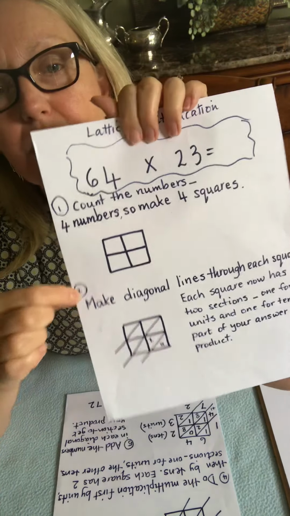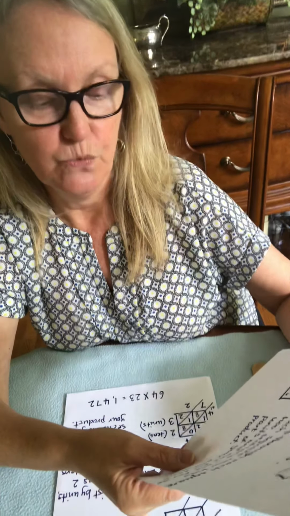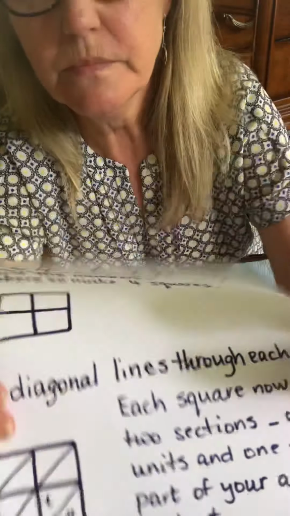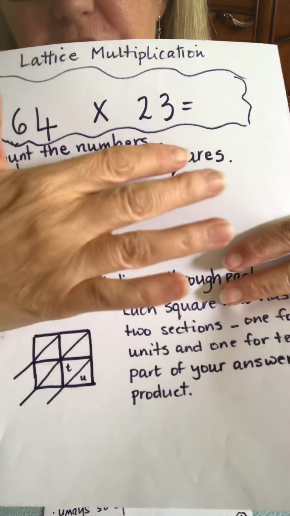So then step number 2, it says make diagonal lines through each square. Each square now has 2 sections, one for the units and one for the tens part of your answer. So I'm going to put this here. So I've made my 4 squares because I had 4 digits.